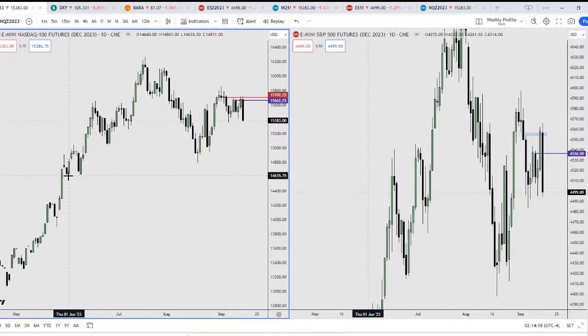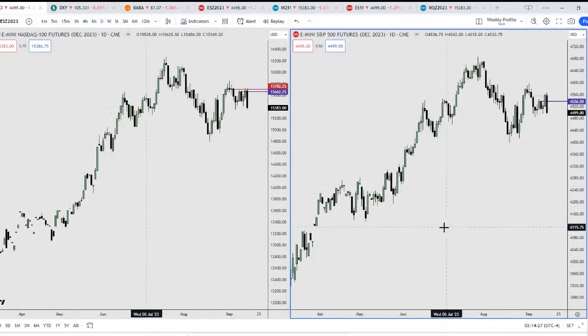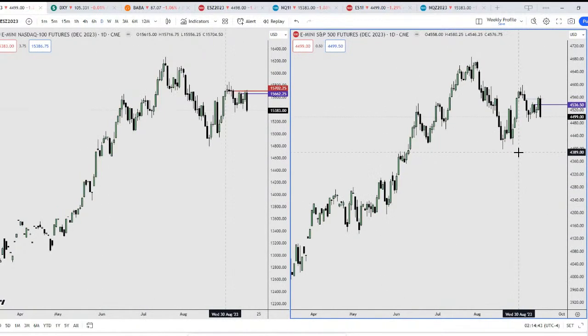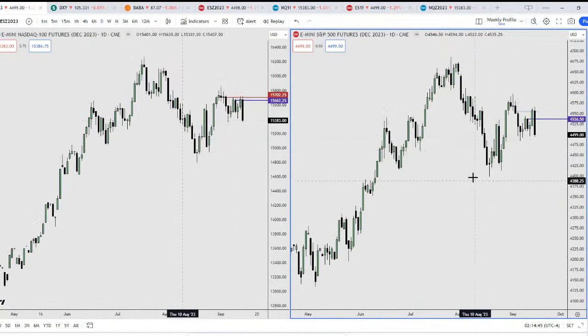So I am seeing price is going to reach into this area. And for ES, I'll be looking at this volume imbalance down here, as well as this swing low down here if it was to overextend. Other than that, that's my bias for equities.